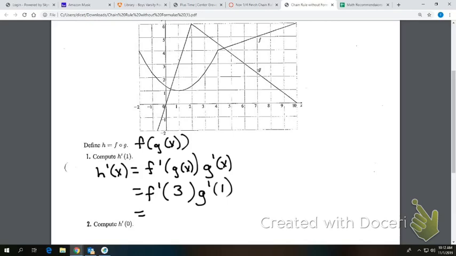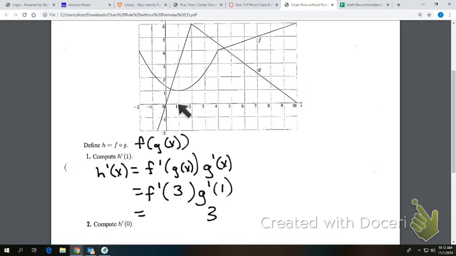Okay, ready? Let's find g prime of 1 first. Here's g. Here's 1. The derivative is the slope of the tangent line. What's the slope of this straight line? It's going up 3 over 1. So g prime of 1 is 3.